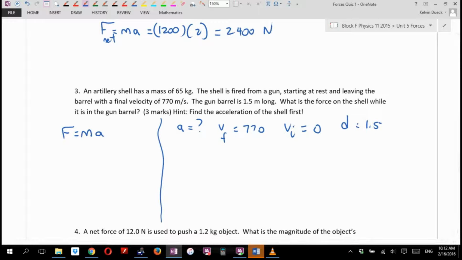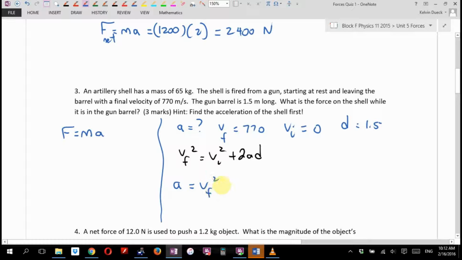So I'm looking for an equation that has A, VF, VI, and D in it. There is one, this one here. VF squared equals VI squared plus 2AD. And if I get the A by itself, VF squared drops down like a domino. I would minus the VI squared, and I would divide by the 2D.